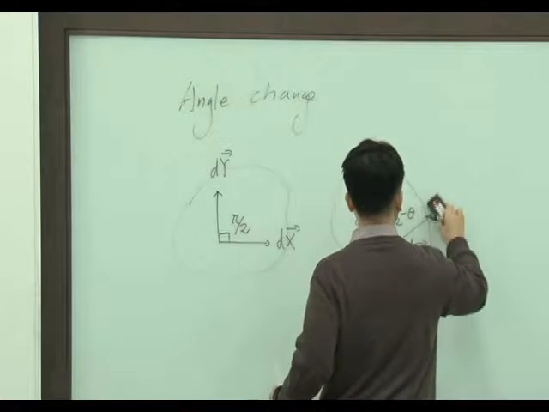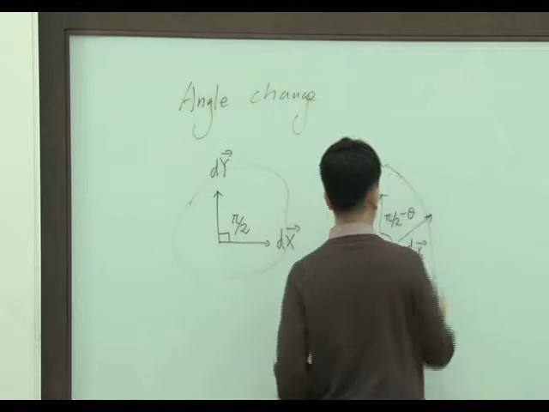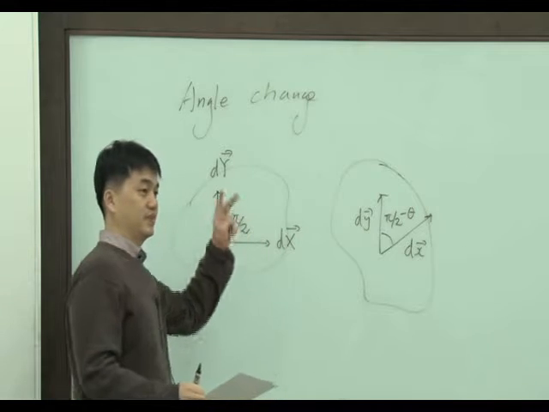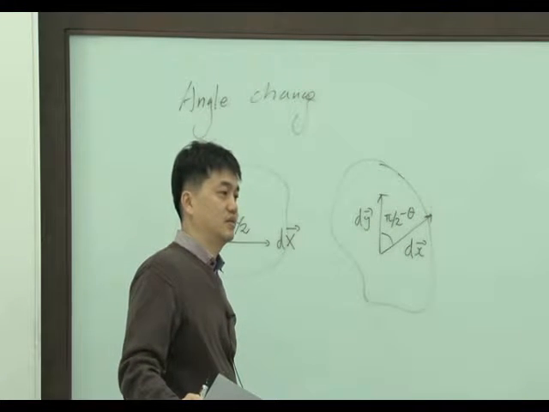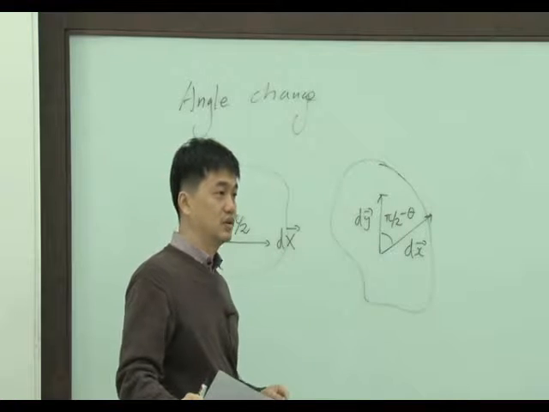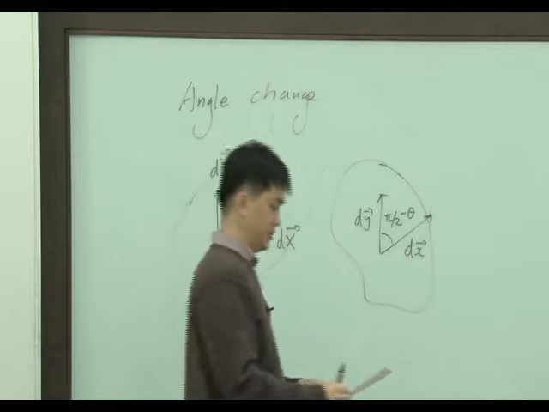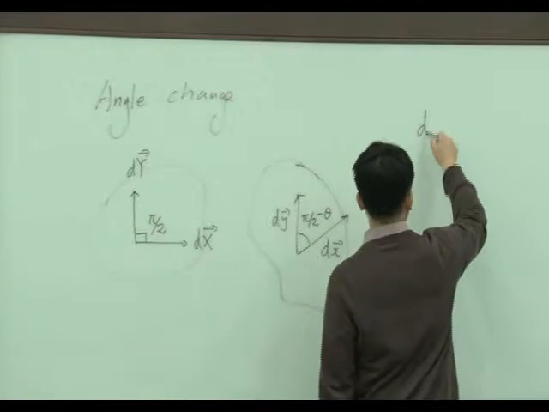How can we measure the angle of two vectors in space? We need to use the dot product, right? The scalar product.